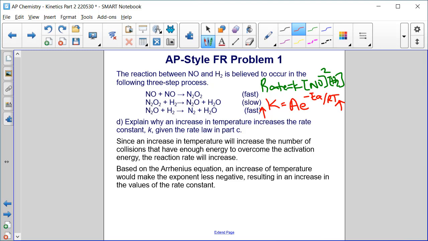So we know the rate will increase. And we're not making any changes to concentration, right? The only way that rate can increase then is if K increases. So how does that happen? Based on the Arrhenius equation, an increase of temperature would make the exponent less negative, resulting in an increase in the value of the rate constant.